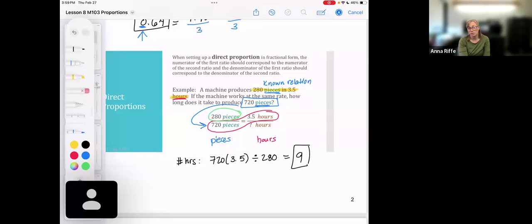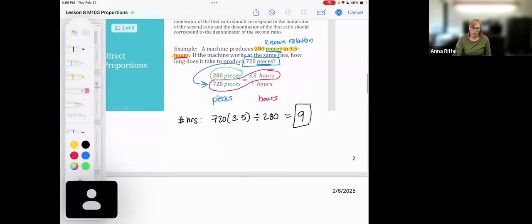So the number of hours that it takes goes up as well. So we would expect to get a number bigger than 3.5 hours as our solution, which is what we got here. Okay, questions on that?